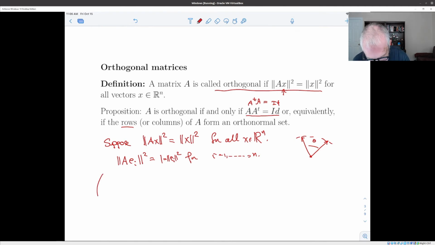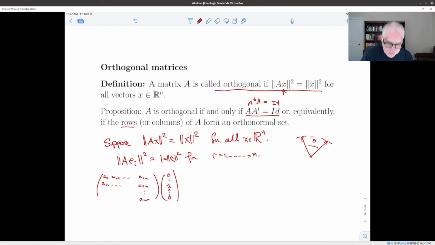Because when you multiply your matrix, A11, A12, ..., A1n, A21, ..., A2n, and so forth down to Ann, times the vector which just has a 1 in position i, each time you take a row and multiply it times this vector, you just pick out the ith element in that row, the entry in the ith column.